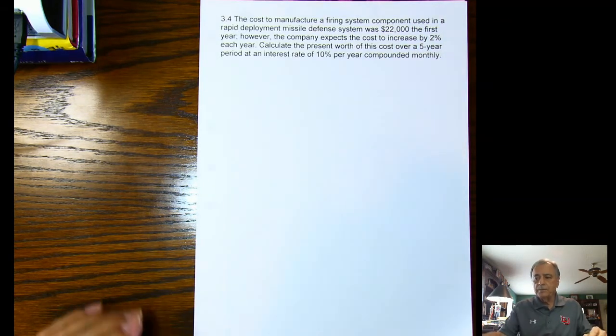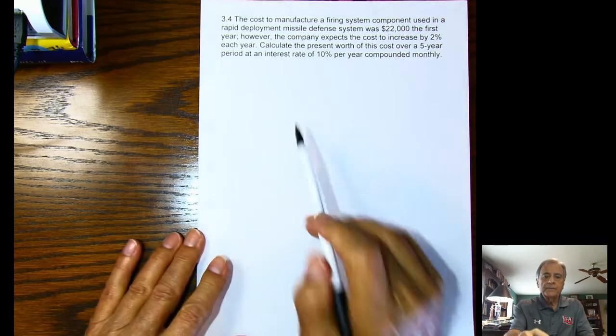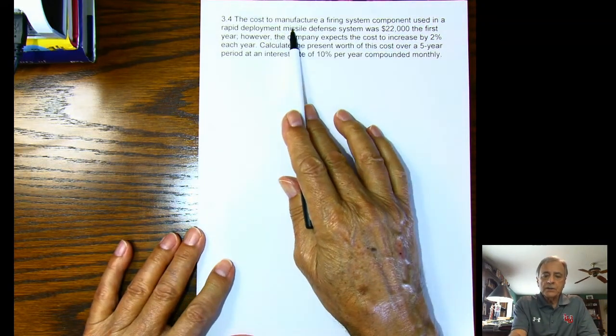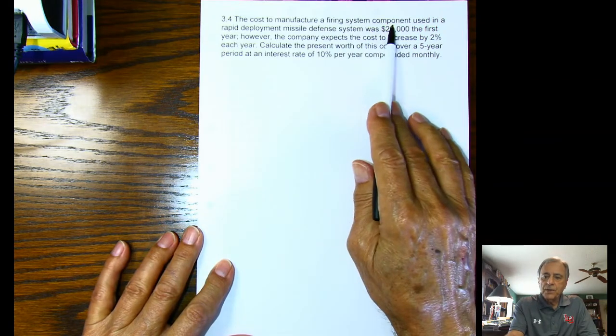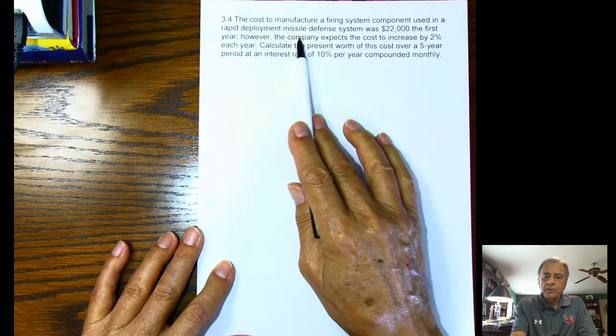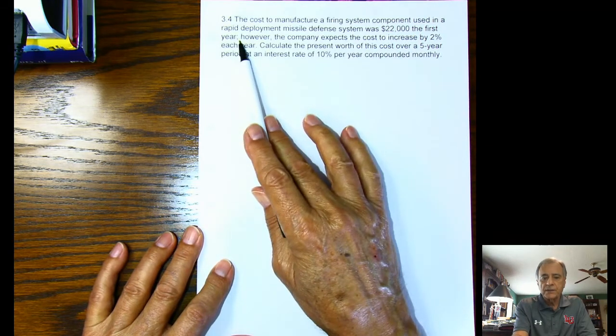The next problem is problem 4 in chapter 3, and it reads, the cost to manufacture a firing system component used in a rapid deployment missile defense system was $22,000 for the first year.